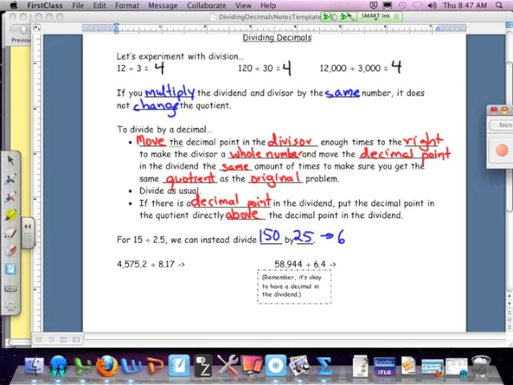So if I have 8.17 divided into, move it over just a little bit because I can't even write the problem. Never mind the answer. 4,575.2. The reason I set it up is because I want to know that in here is the decimal I need to get rid of.